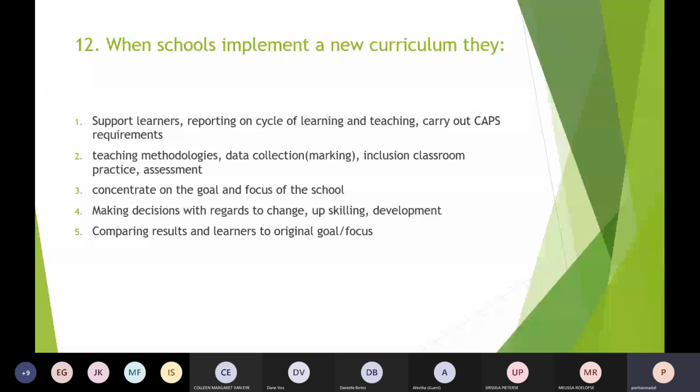Number 3 says concentrate on the goal and focus of the school. Number 4, making decisions with regard to change, upskilling and development, and lastly, comparing results and learners to the original goal or focus you had in mind. So what do schools look at when they implement a new curriculum?